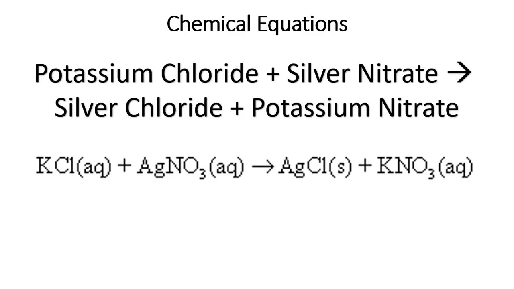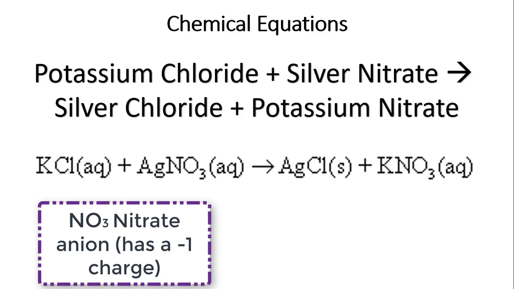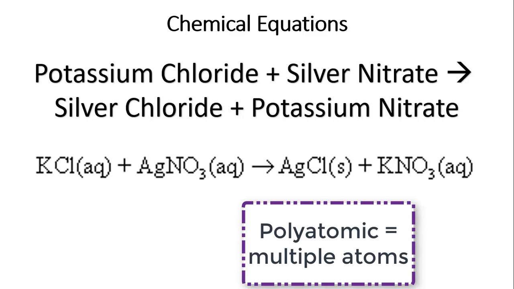So the way we illustrate it is by showing those words in the form of a chemical equation, where we take the elements from the periodic table and combine them to make our compounds, and then we write those compounds out here, right? So you can see potassium chloride is K for potassium and Cl for chlorine. And then silver nitrate, you have Ag, which is silver on the periodic table, and then the NO3, that's the nitrate anion, and it's what we call a polyatomic, which we'll talk about later, right?